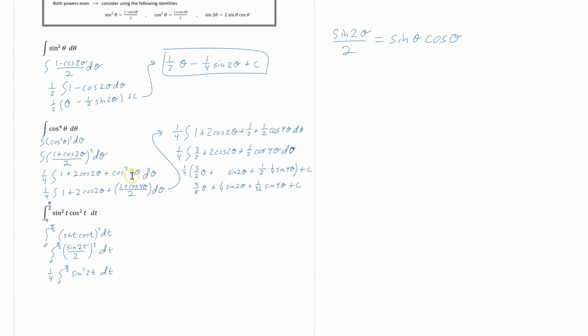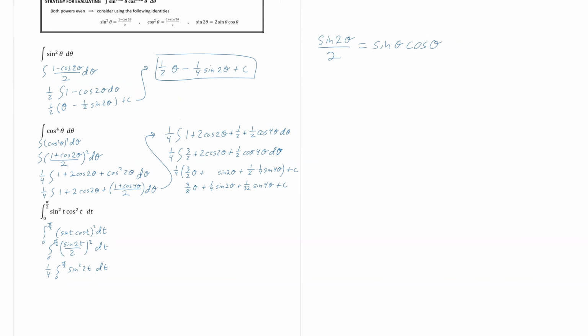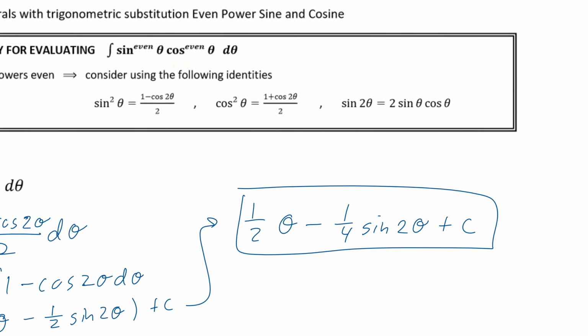So we're going to do that same double thing we did here. If I plug in 2, it's going to become 4. So this will become 1 minus cosine 4t over 2. Let me zoom in. Since this is a 2t here, it would become 1 minus cosine 4t over 2.